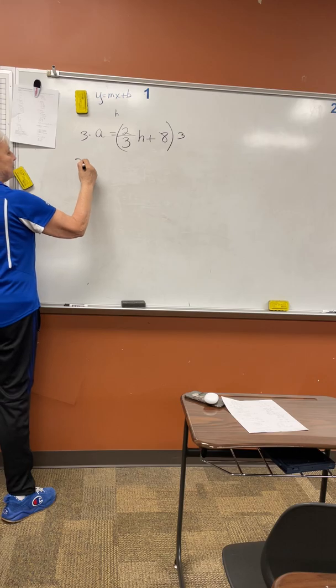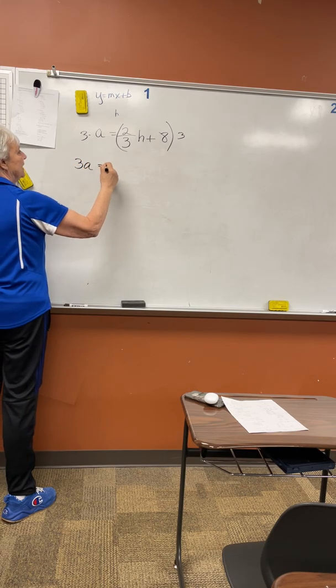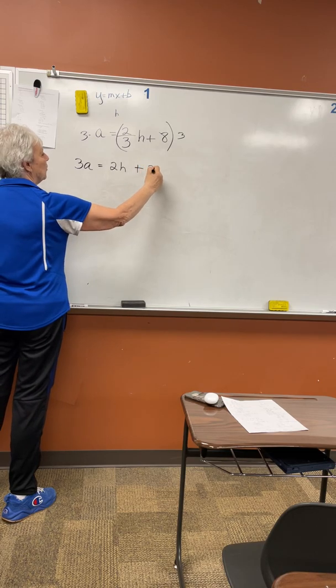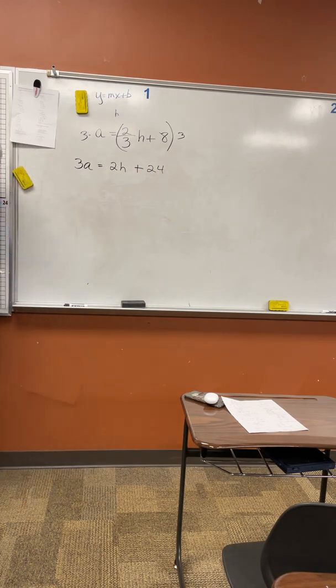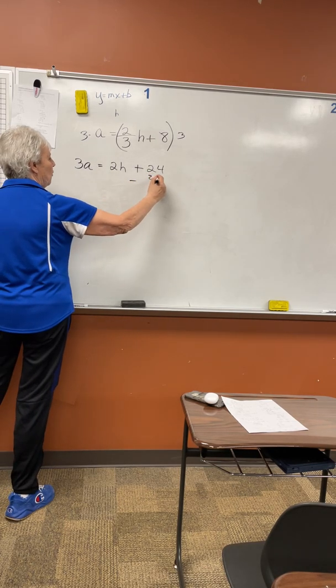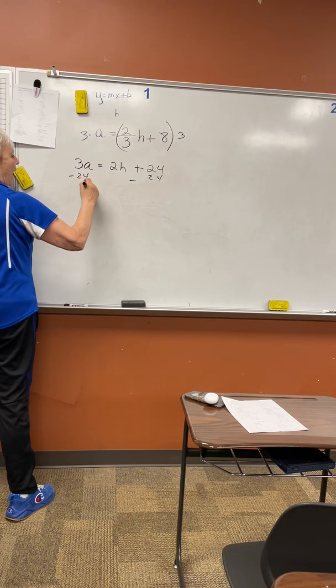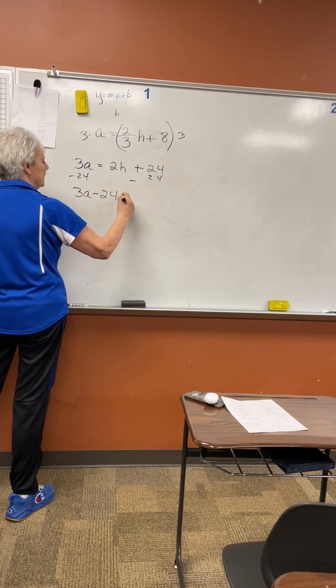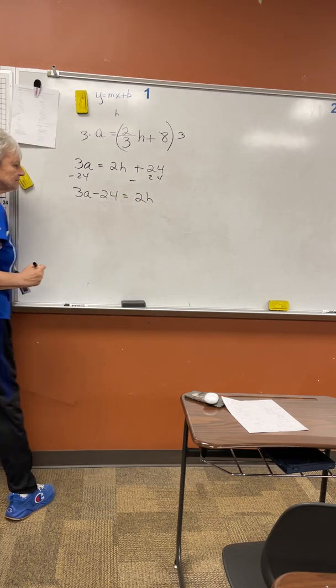So here we have 3a, 2h, 24. Much easier. Now we're solving for h, so we're going to subtract 24. 3a minus 24, 2h.